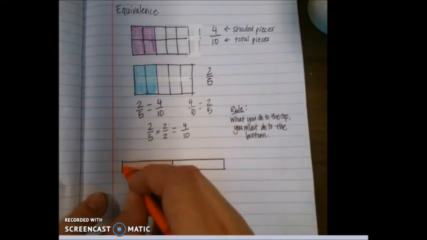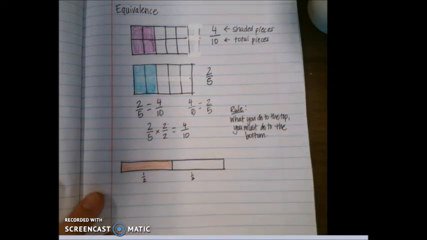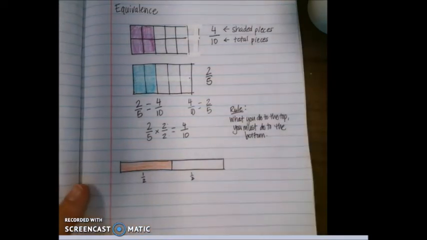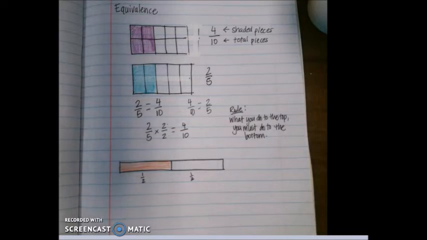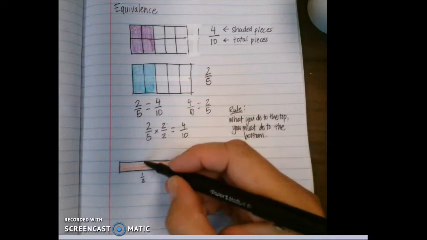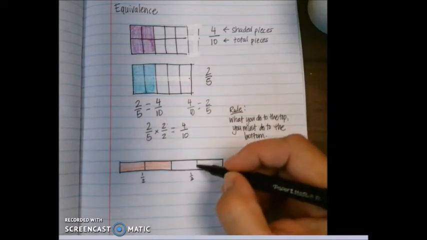Now I want to decompose these, which means break them down, to make fourths. How could I do that? Addison. Okay, so do you mean like about right here? Yeah. So I'm going to split each of the halves in half.